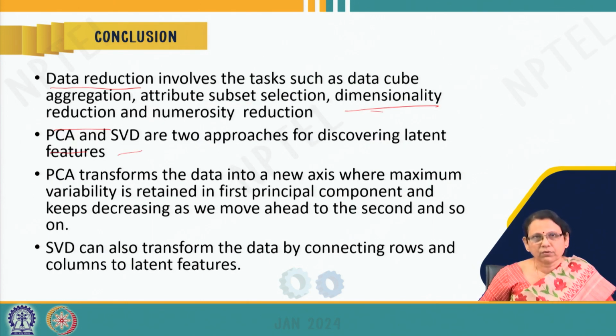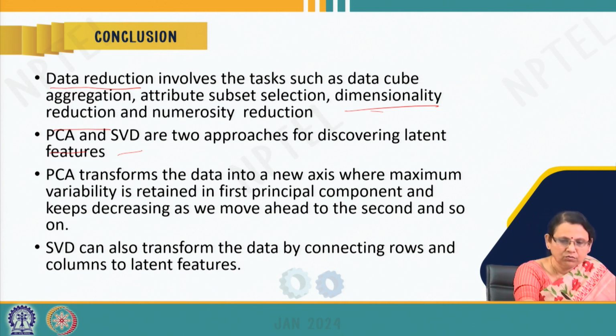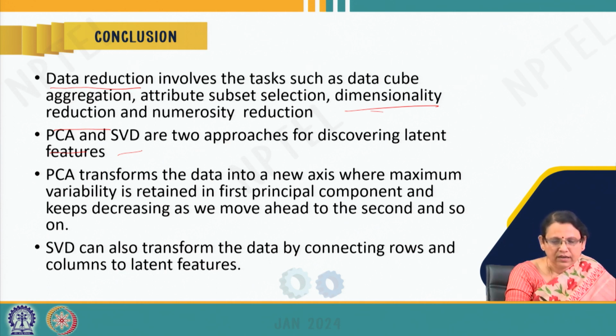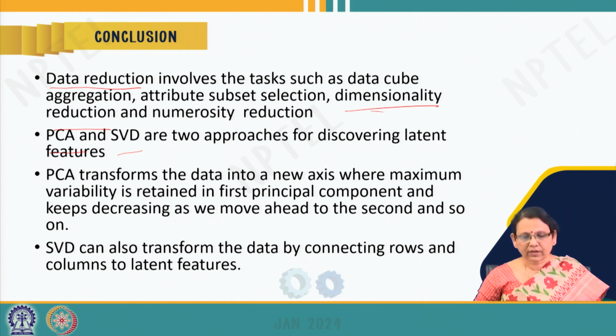Now we summarize. In this lecture we talked about data reduction, which involves many tasks along with dimensionality reduction, and specifically we considered SVD and PCA as the two approaches for discovering latent features.